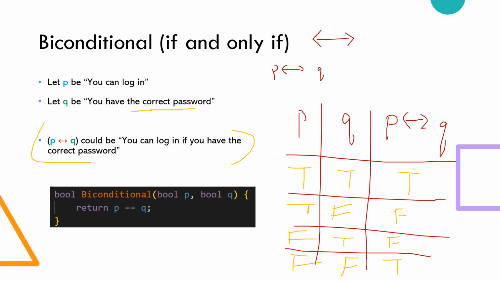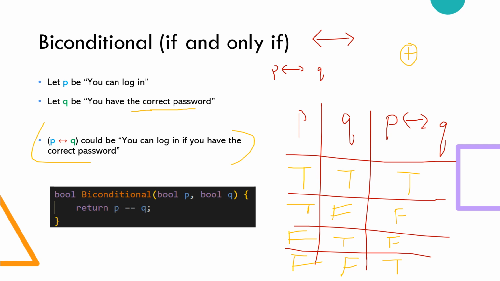So this is kind of the opposite of the exclusive or statement. In the exclusive or statement, the proposition can only be true if P and Q have different truth values.